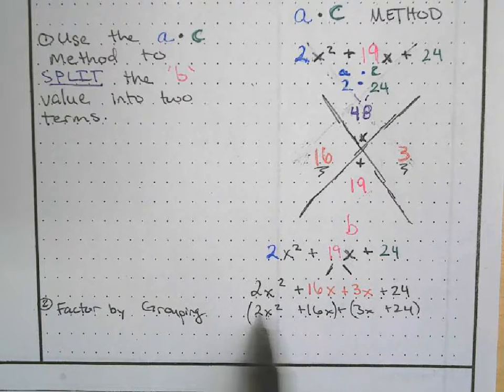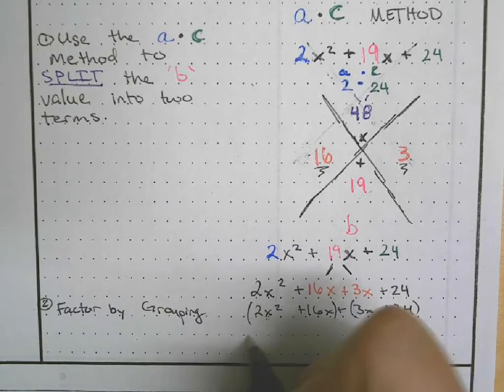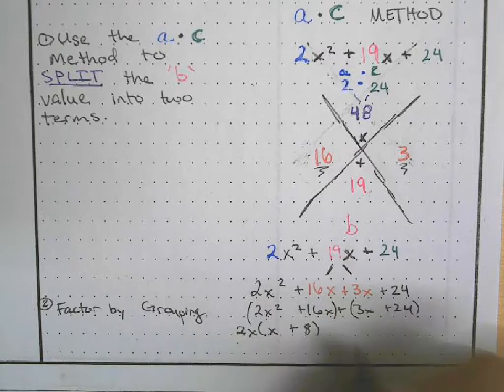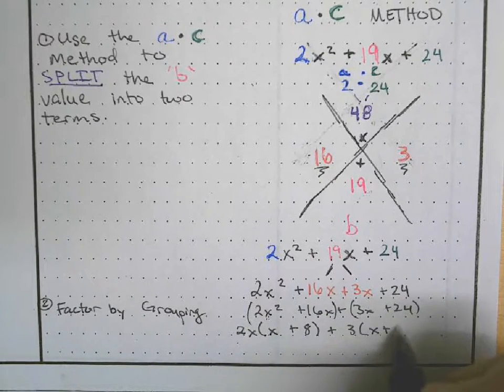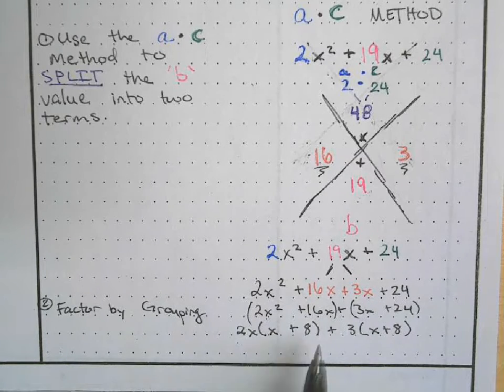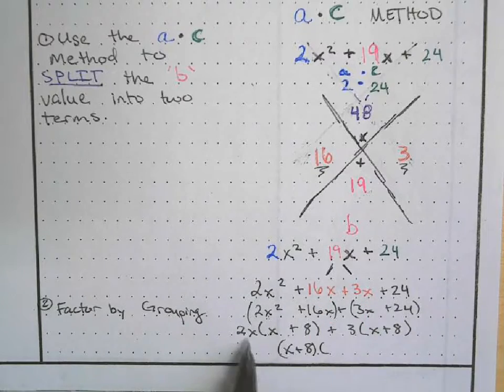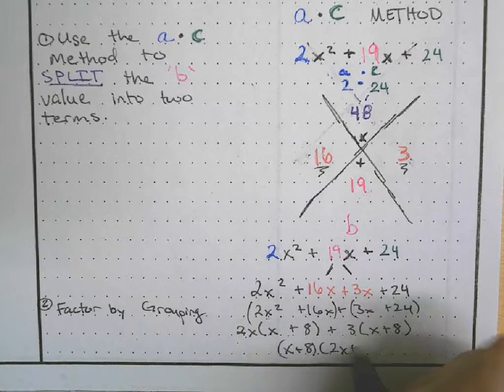Well, they both have a 2 that I can factor out, and they both have an x. So I can say 2x times, when I factor out, I'm dividing, so that's an x plus 8, plus, and I can factor 3 out of both of those, and I'm left with an x plus 8. Now they both have x plus 8, so I can pull that out, and I have left 2x plus 3.